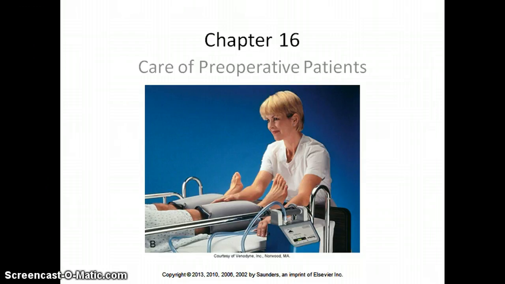However, that older client, we need to ensure that they have the resources necessary to take care of themselves. Or maybe you have a single parent, single mom, single dad, doesn't matter, and they don't have the resources to take care of their children once they get home. So a lot of that can cause stress, fear, anxiety, all sorts of emotions during the surgical time. So those are going to be things that we need to take into consideration.